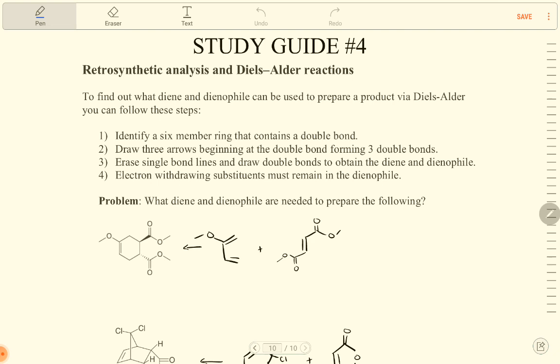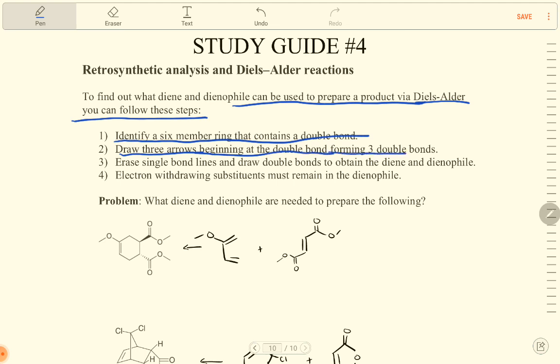So retrosynthesis analysis and Diels-Alder reactions. To find out what diene and dienophile can be used to prepare a product via a Diels-Alder reaction, you follow these steps. Identify a 6-member ring that contains a double bond. Draw 3 arrows beginning at the double bond forming 3 double bonds.